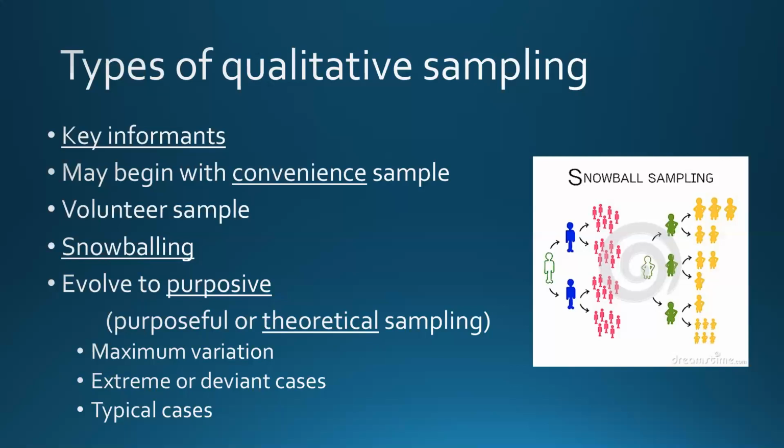Whereas quantitative studies are interested more in means and variation around the mean and looking at the average person of a particular population. Qualitative sampling is more interested in the tails of that bell-shaped curve. Or sometimes they will look for a typical case, but those are the kinds of things that qualitative sampling involves.